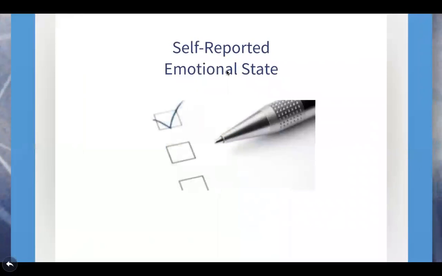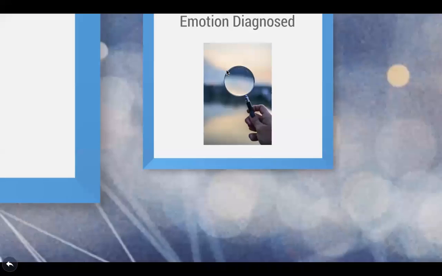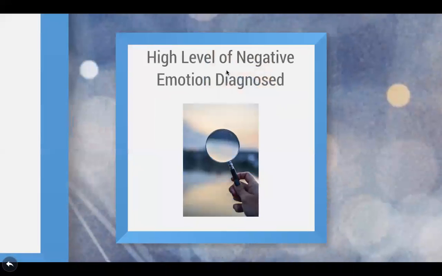These tasks were associated with varying levels of difficulty, and the users self-reported their emotional state immediately after completion. The results indicated high efficiency understanding the emotions the user was feeling through data analysis, and researchers were able to diagnose a higher level of negative emotion when present through the movement patterns.